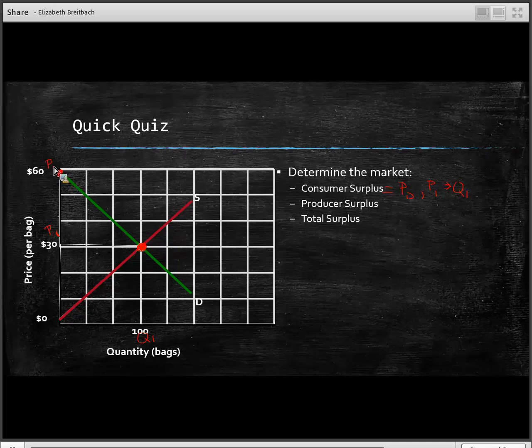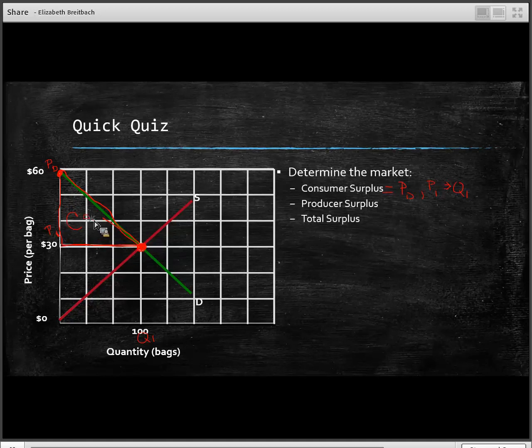Our consumer surplus is the difference between our demand curve and our price from 0 to the equilibrium quantity. So right here is our consumer surplus.